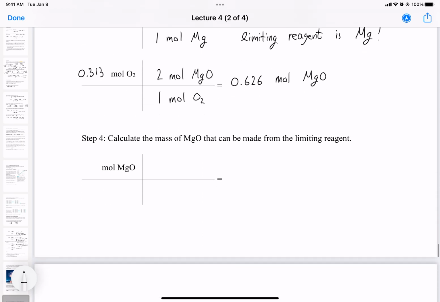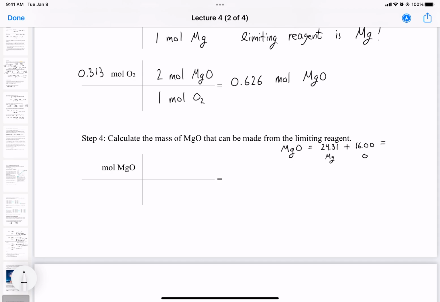All right, step 4. Calculate the mass of magnesium oxide that can be made from the limiting reagent. Now we need to know the molar mass of magnesium oxide. So for MgO, we take 24.31, which is magnesium, plus 16.00, that's for oxygen.